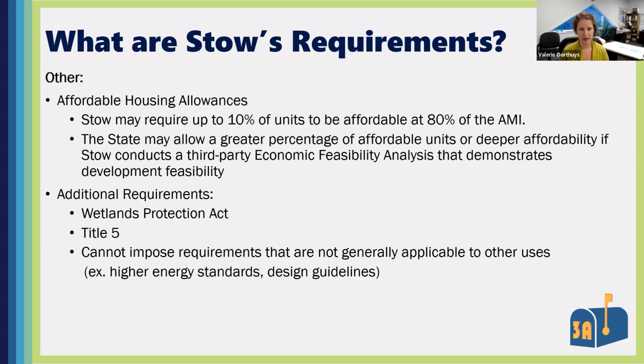What we would have to do is conduct a third-party economic feasibility analysis just to show that it's still feasible potentially in the future to construct those units. We also have to abide by the Wetlands Protection Act, of course, as well as Title V, that's the septic requirements. We also cannot impose requirements that are generally not applicable to other uses. So we cannot place higher energy standards or design guidelines on these units.